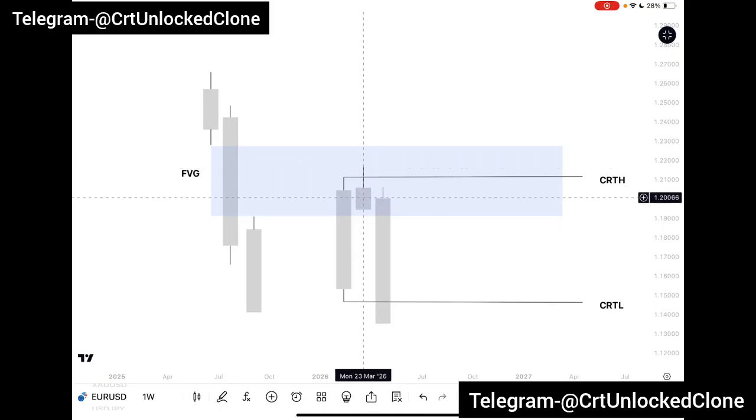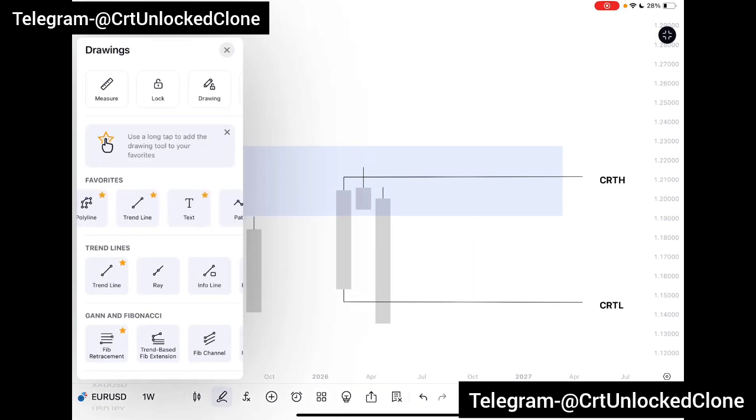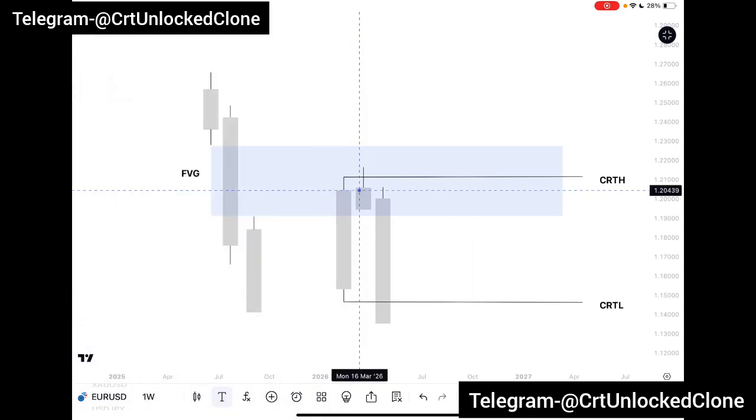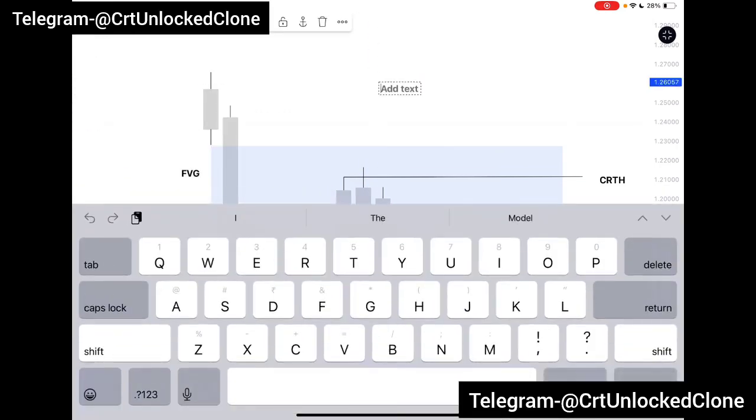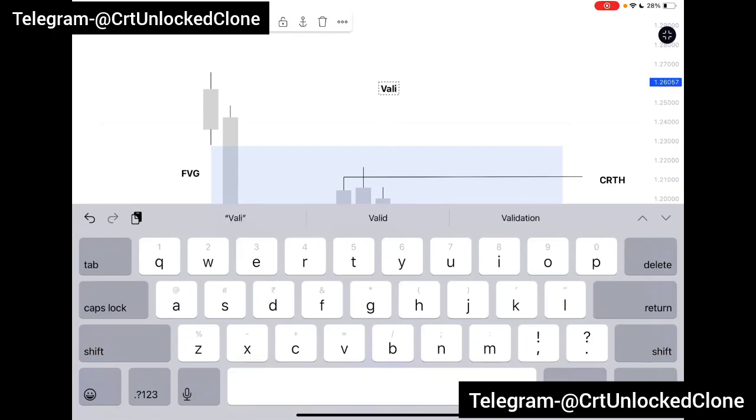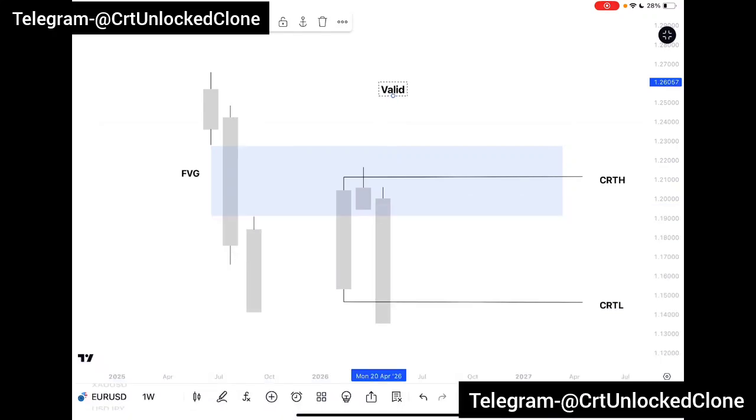Also the manipulation candle which manipulated the high of the CRT candle is inside the key level FVG. This is a pure valid scenario. Let me write it and show it to you guys. This is a valid scenario. It's a very pure valid scenario.